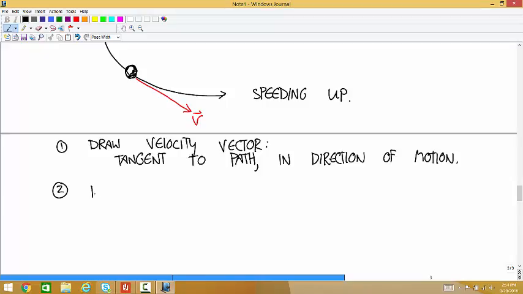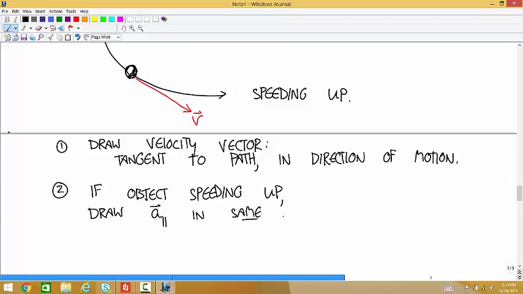Second, if the object is speeding up, draw an acceleration, we'll call it A parallel, in the same direction as the velocity vector.